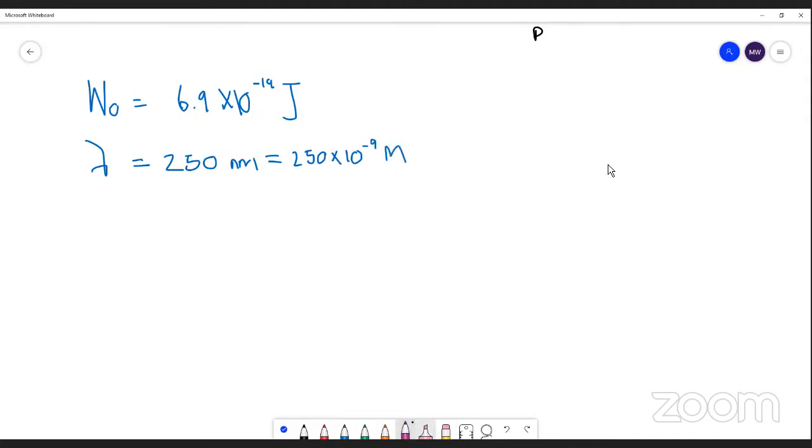And I always have this little way of remembering it: milli is -3, micro -6, nano -9, pico -12.